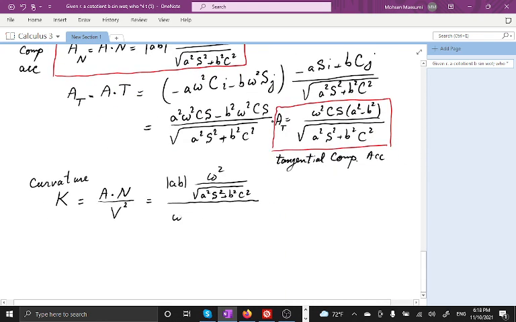That one also has omega squared times A squared S squared plus B squared C squared. Omega squared cancel. I get AB. These two are the same expression, A squared S squared plus B squared C squared, power 1 and power of a half, a total power 3/2.